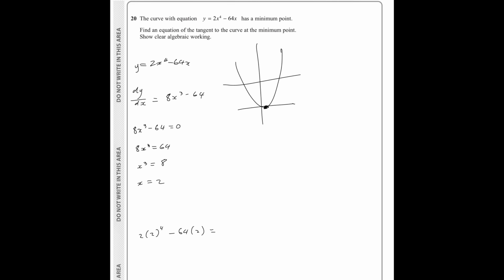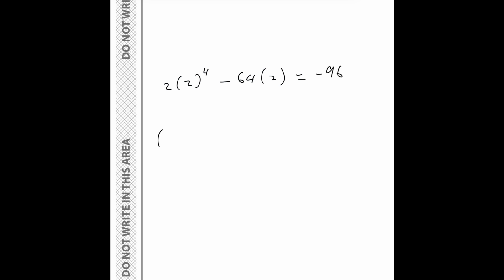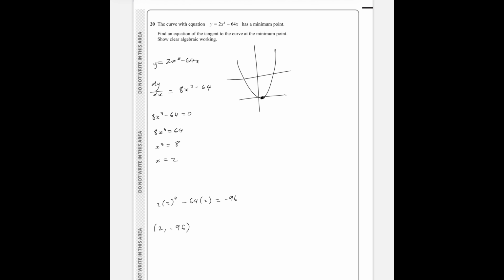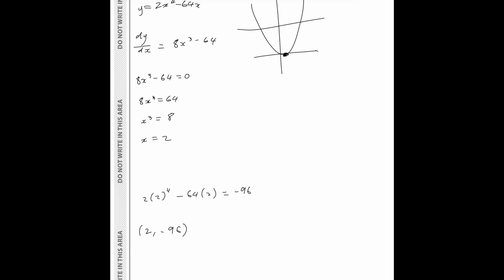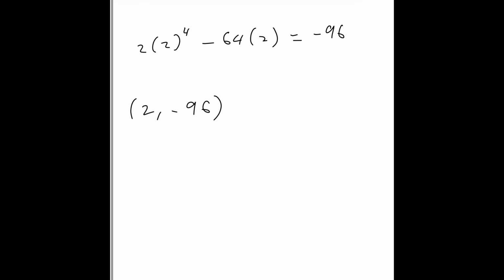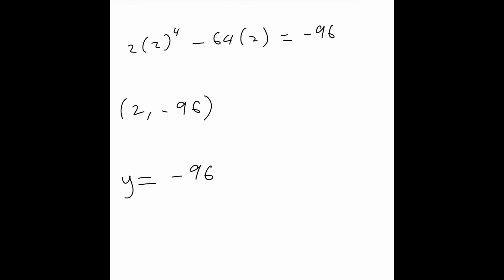Just plug that into the calculator. We get minus 96. So the point we have is (2, minus 96), where minus 96 is the y. And since the tangent is a straight line there, we know that the equation of the tangent is just y equals minus 96.